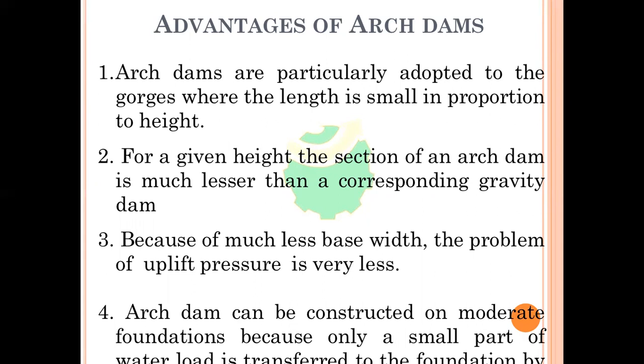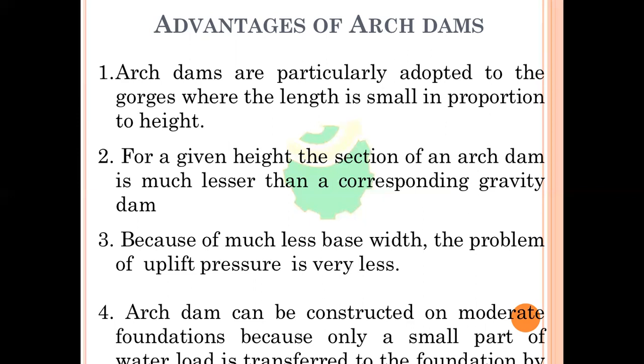What are the advantages of arc dams? Arc dams are particularly adapted to gorges where the length is small in proportion to height. For a given height, the section of an arc dam is much smaller than a corresponding gravity dam.